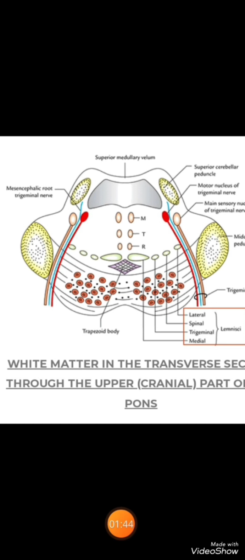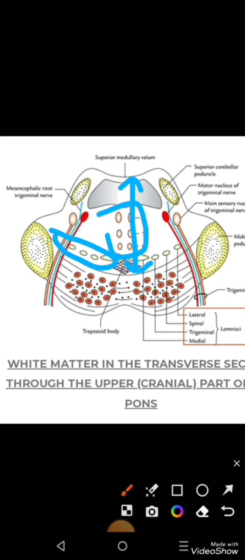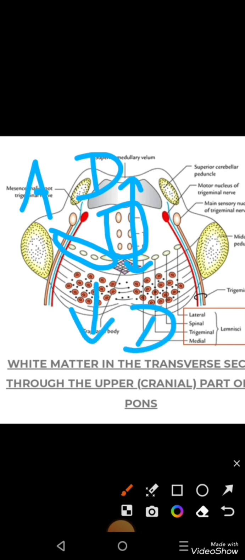Okay, again at the same level, what else do we see in the posterior tegmental part of the pons, right? Here we observe various ascending tracts as well, in addition to the descending tracts. So one thing we learn is that in the tegmental part, the ascending tracts are present and the descending tracts are also present, and in the basilar part, only descending tracts are present. That is a very important thing you should keep in mind.